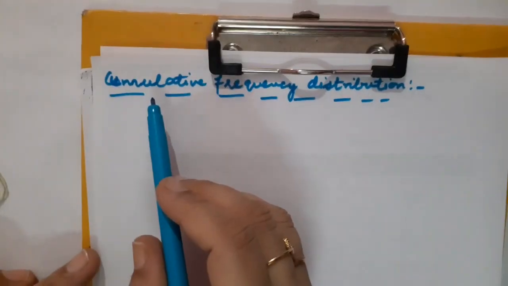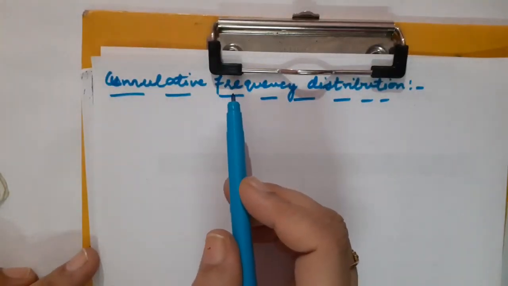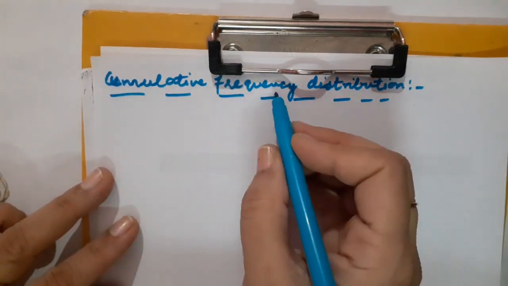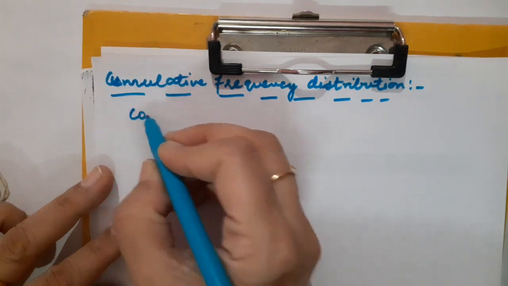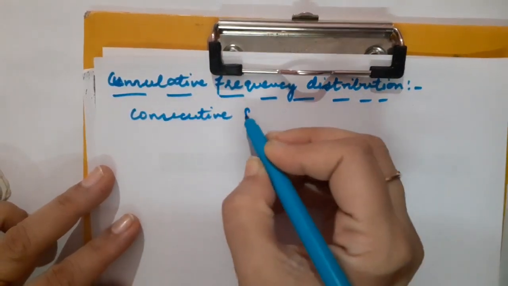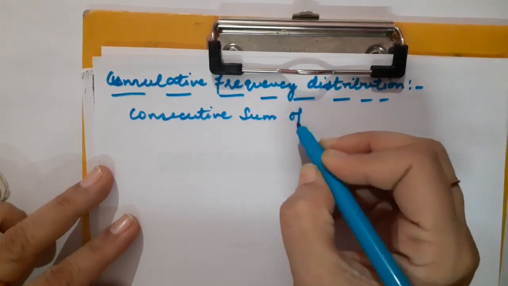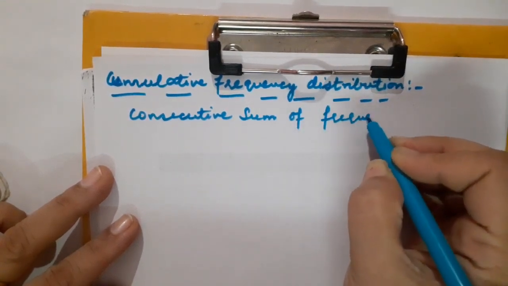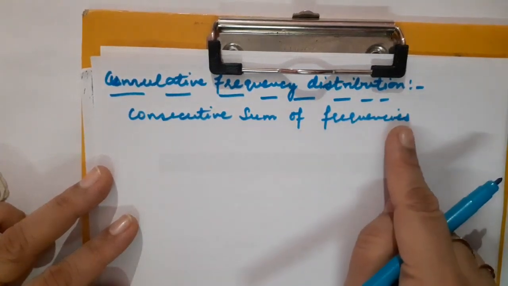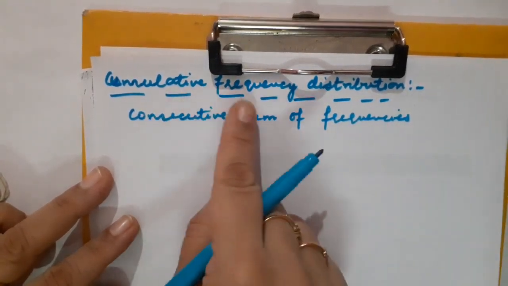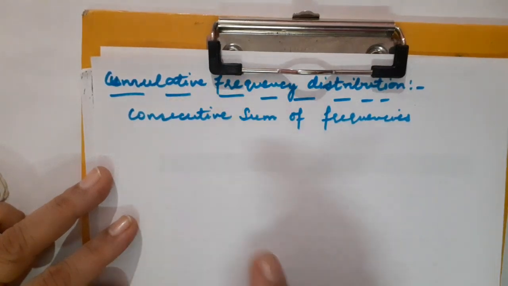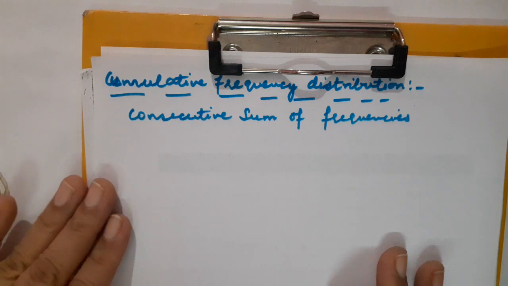So children, cumulative frequency is defined as the consecutive sum of the frequencies. If we take the consecutive sum of the frequencies, it means we are going to calculate cumulative frequency. Now let us see how to make its table.